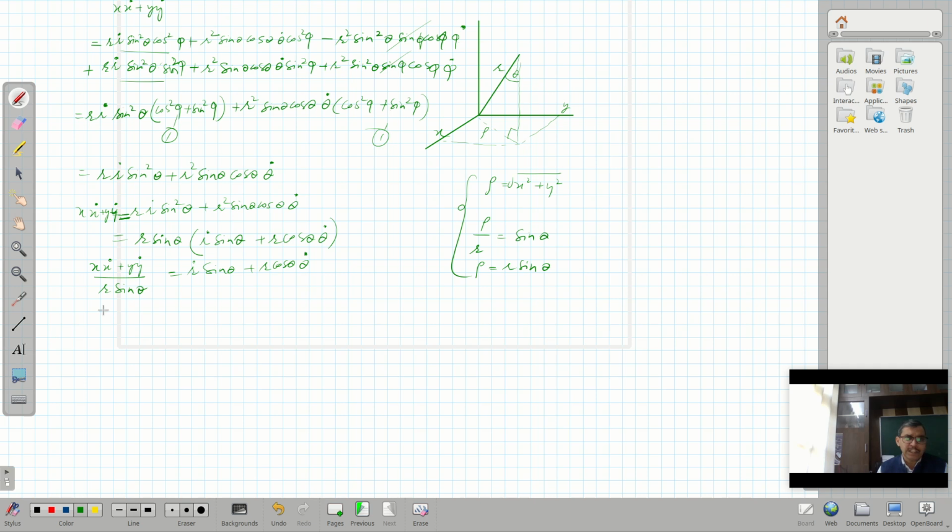And this is basically rho, so x dot, as this is equal to rho, so x dot plus y dot divided by rho is equal to r dot sine theta plus r cos theta theta dot.